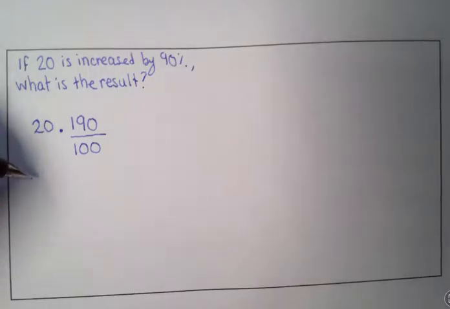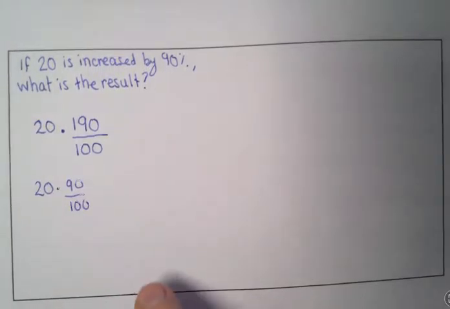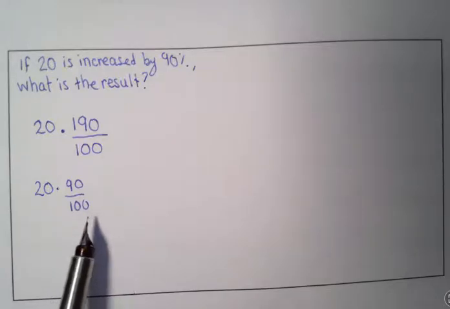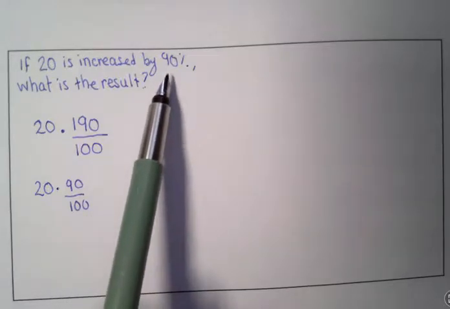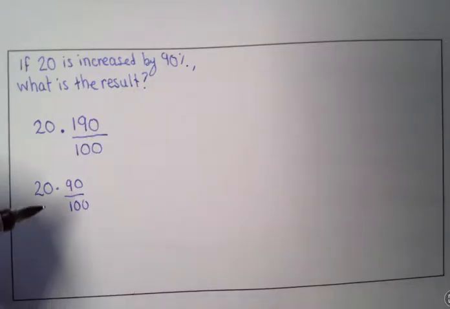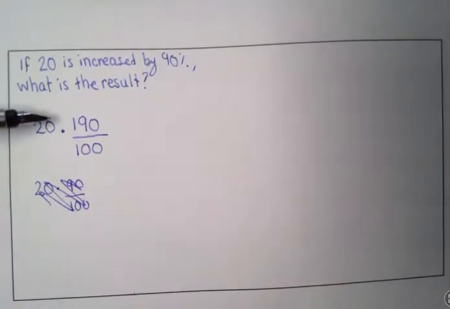If I did 20 times just 90%, times 90 over 100, I'm multiplying 20 by a fraction that's less than 1, so my number would actually get smaller. So remember, when you're increasing something by 90%, you're making it 1.9 times bigger. So this would not work. We have to use 190.